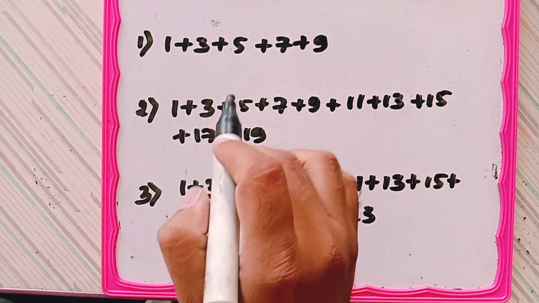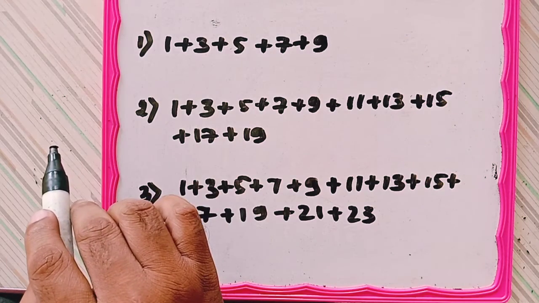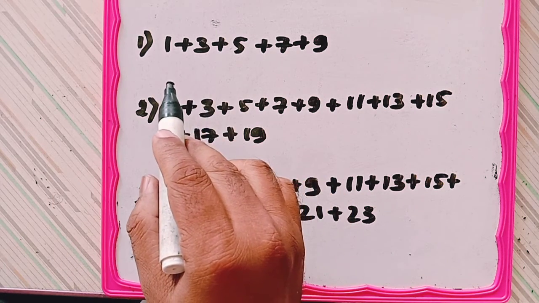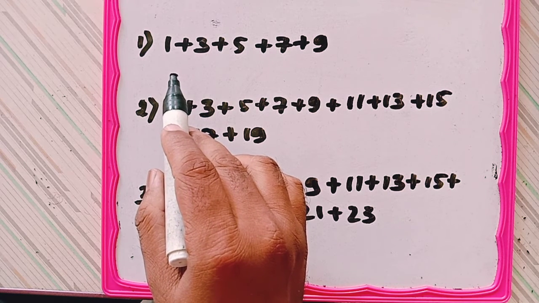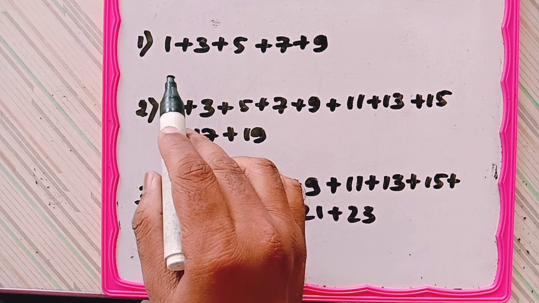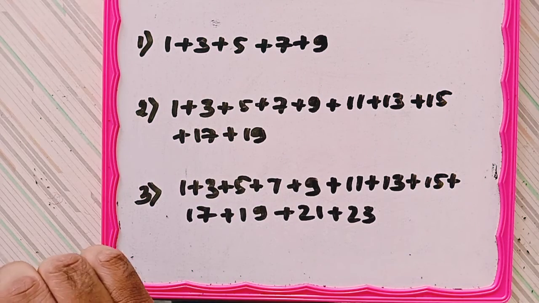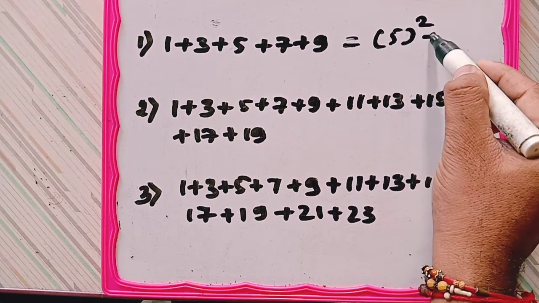Now the next question 7, without adding, write the answer. So we know that when we add n odd numbers, its answer is n square. So here 1 2 3 4 5, 5 odd numbers are added, so its answer will be 5 square, which is 25.